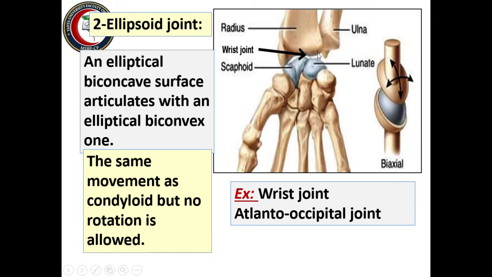We have two surfaces, one elliptical concave and the second elliptical convex. The movement here in the ellipsoid joint is like the condyloid joint, except no rotation is allowed. The clear examples for this ellipsoid joint are the wrist joint here and also the atlanto-occipital joint.